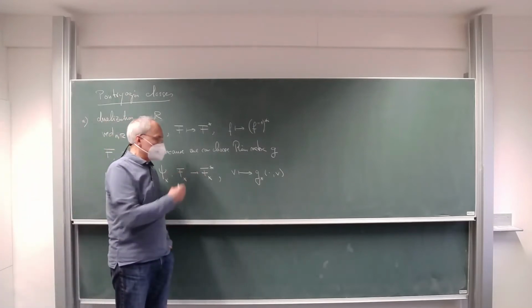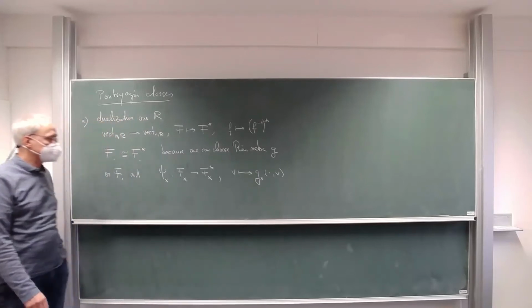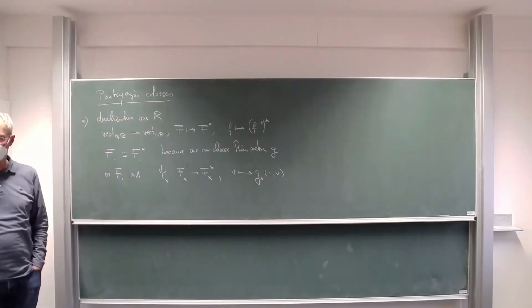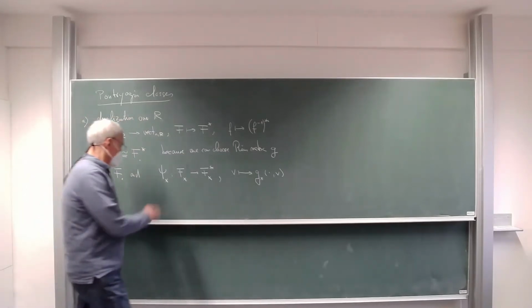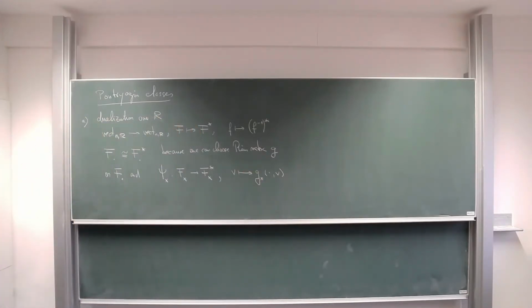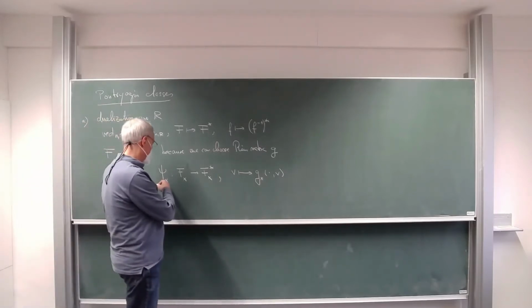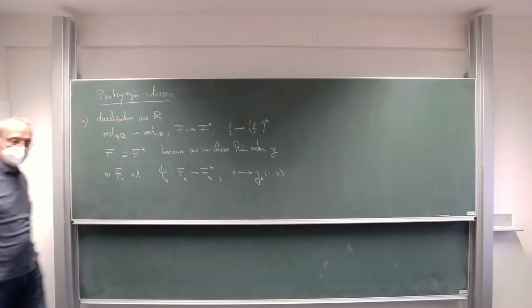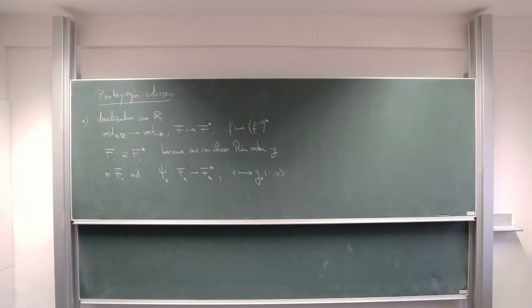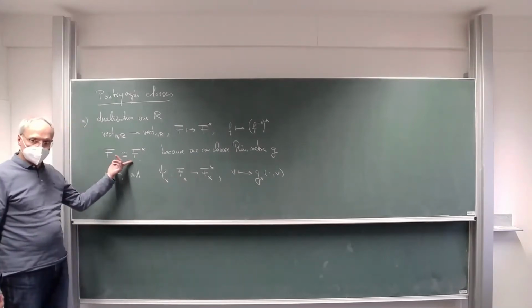In differential geometry, this is often called a musical isomorphism, or in physics, it's called lowering of indices. So this is an isomorphism, and if the metric depends smoothly on x, which one can arrange, then this will also depend smoothly on x in the sense that I made the definition. And so this is the isomorphism between these two bundles. So these two bundles are isomorphic.